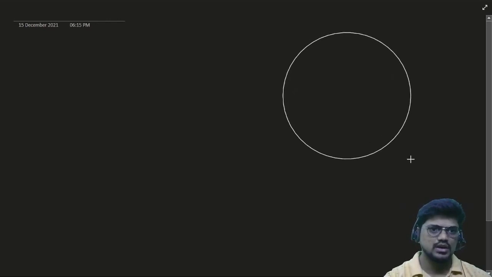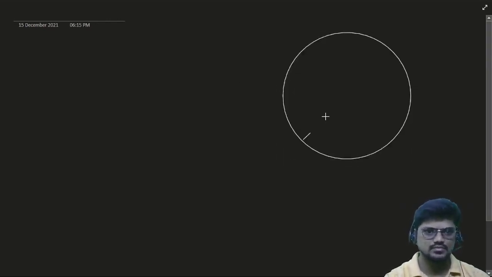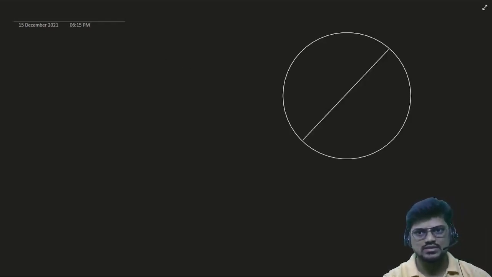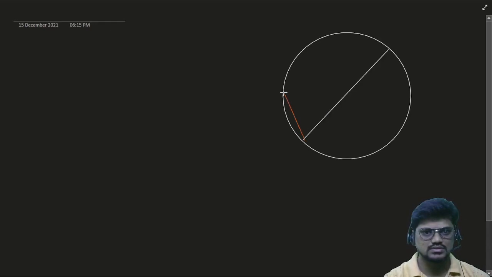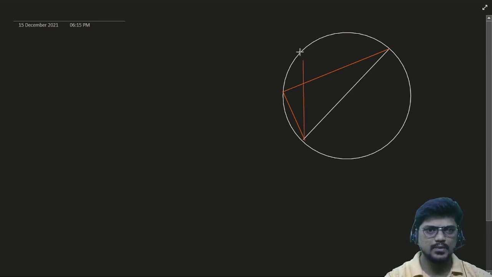If I draw any circle like this, and if I draw a diameter to it, and if I join any two sides like this, or this, or this, if you take any point on the circle and join the two sides, what happens? It always gives you 90 degrees.